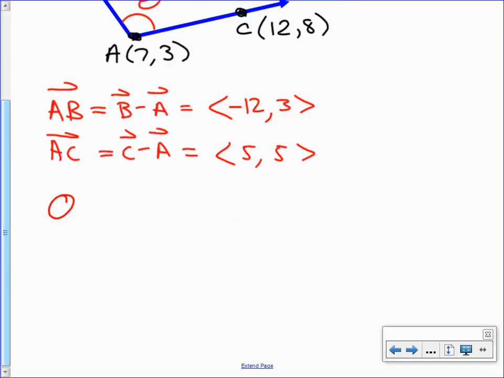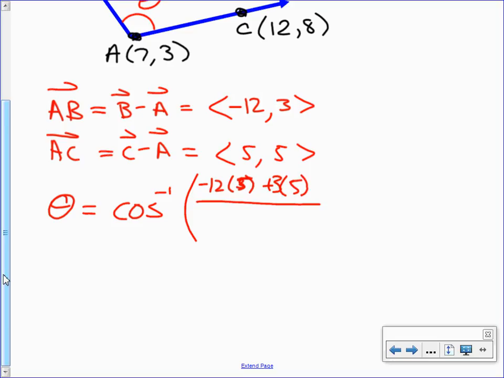So theta is going to be inverse cosine of the dot product. Negative 12 times 3 plus 3 times 5, divided by... did I forget to find the magnitude?